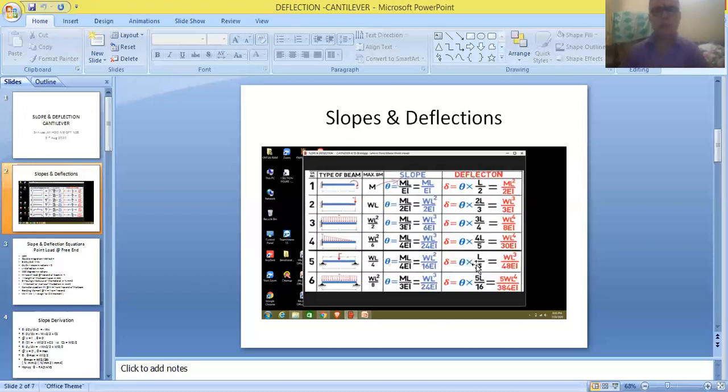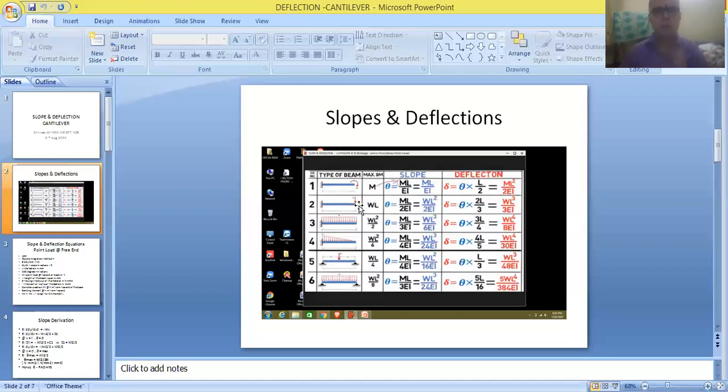So this is a very good table indicating the arrangement of beams and different loads acting on beams, and also for knowing the formulas of slope and deflection values for different beams under different conditions.